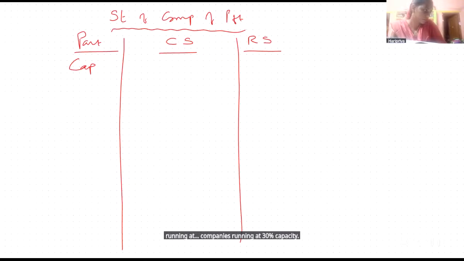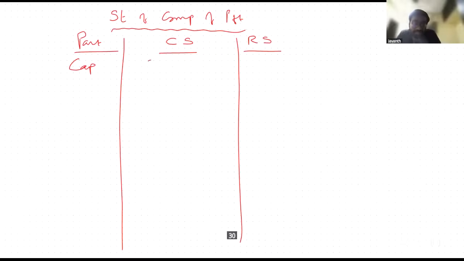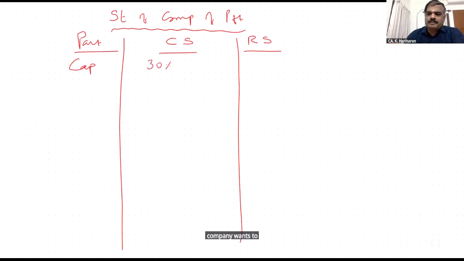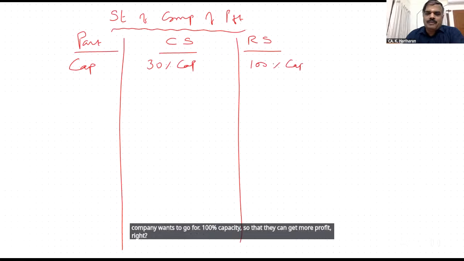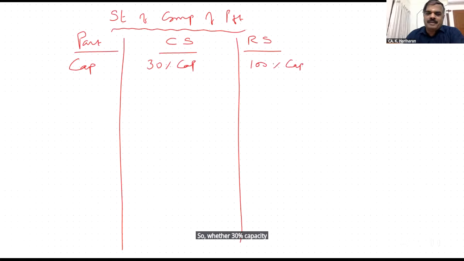The company wants to go for 100% capacity so that they can get more profit. So whether 30% capacity is advisable or 100% capacity is advisable, you have to advise.